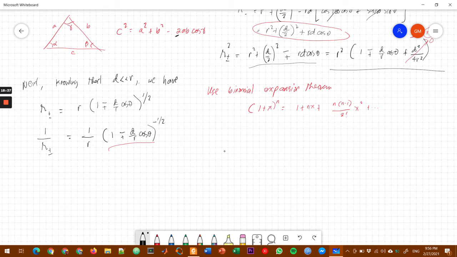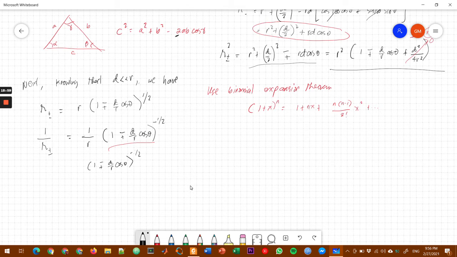Applying that, this term, 1 minus/plus d over R cosine theta to the negative 1/2: this is the 1, this is your x, and this is your n, the power.